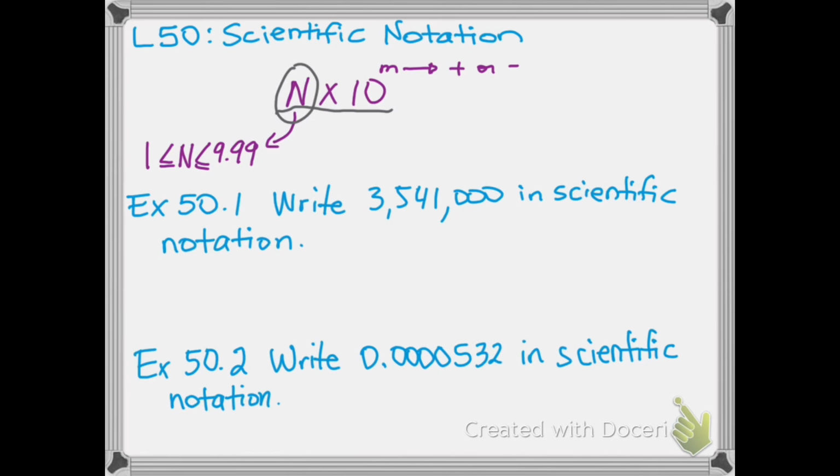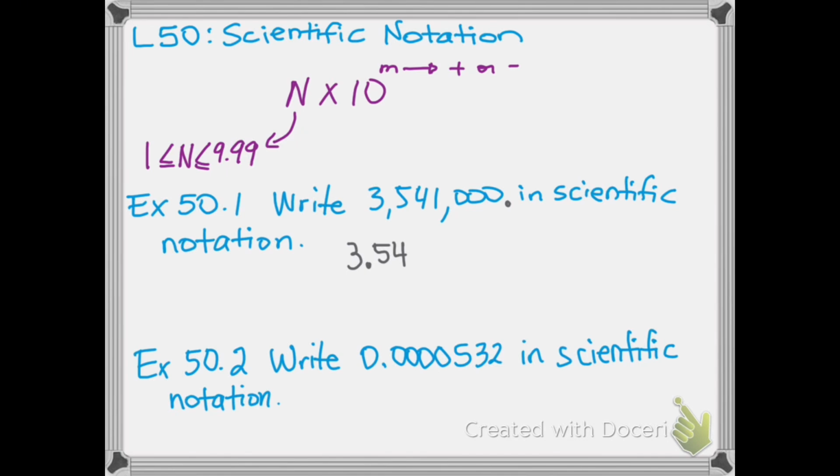So let's look at some examples. The first one says, write 3,541,000 in scientific notation. So I only want 3.54. That's all I want. I want one whole number and 2 decimals. Now the decimal right now is right here at the end.